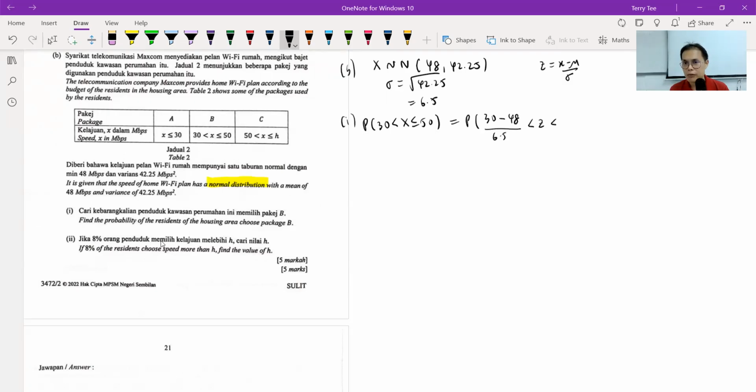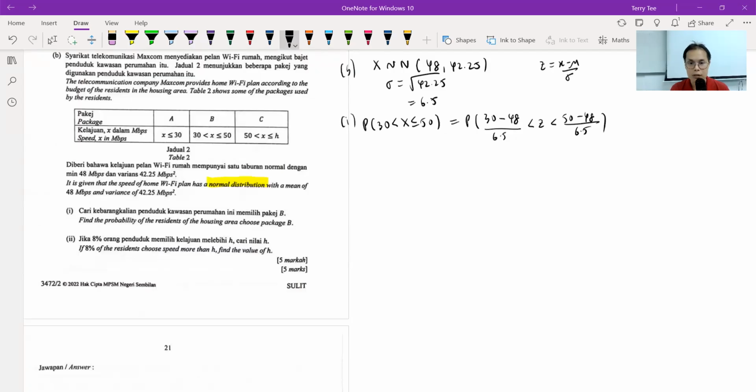It doesn't matter whether you write less than or equals, because you are finding the area under the graph. The area of one thin line is 0. If I draw like this, let's say this is 30 to 50, the area of one thin line is still 0. So it doesn't matter whether you write equals or don't have equals. So this 50, we still have to minus 48 divide by 6.5.